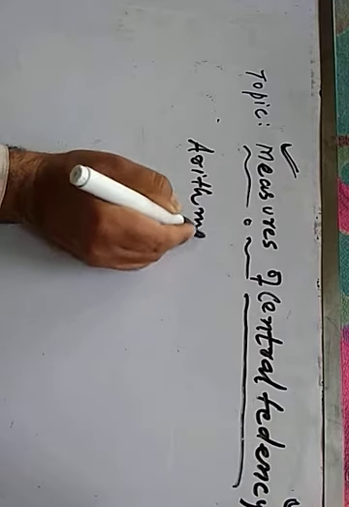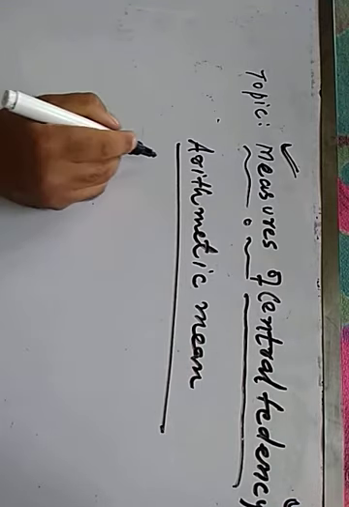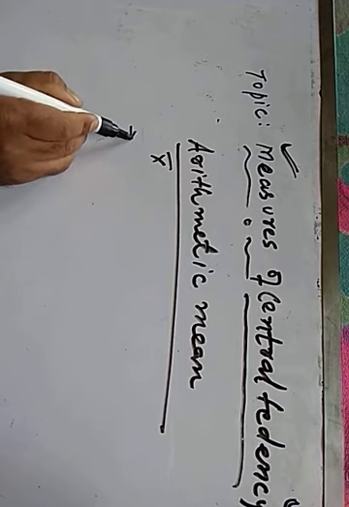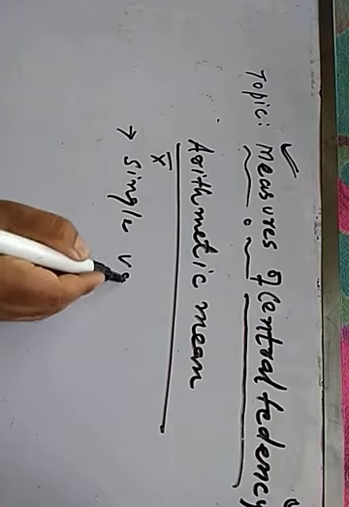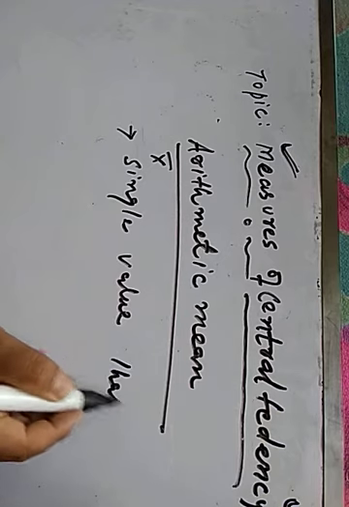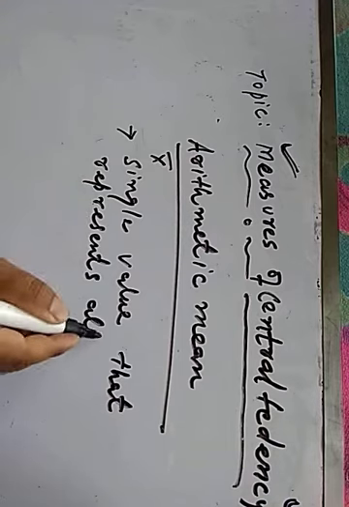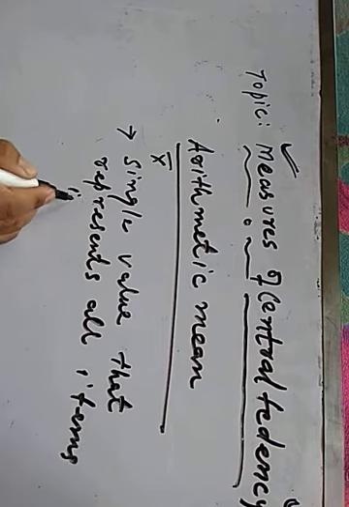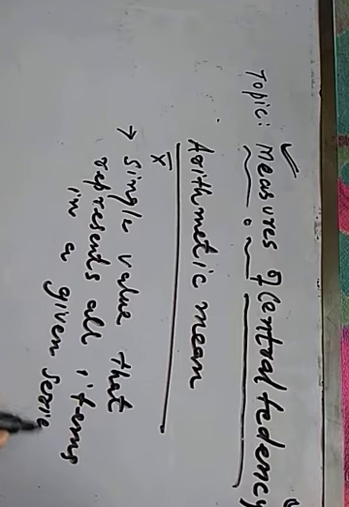Arithmetic mean is denoted by X bar, and it is a single value that represents all items in a given statistical series, or we can say in a given data.